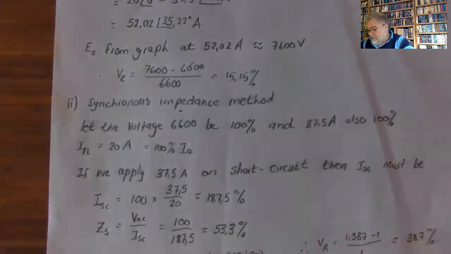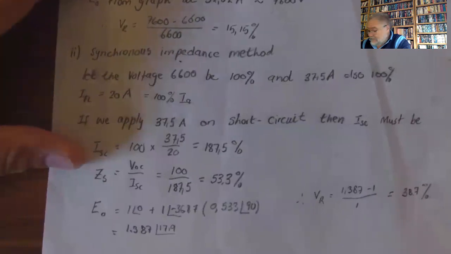us 53.3%. And now we can determine the induced EMF, which is 1 angle 0 plus 1 angle minus 36.87 times 0.533 at an angle of 90. That gives us 1.387 at an angle of 17.8.